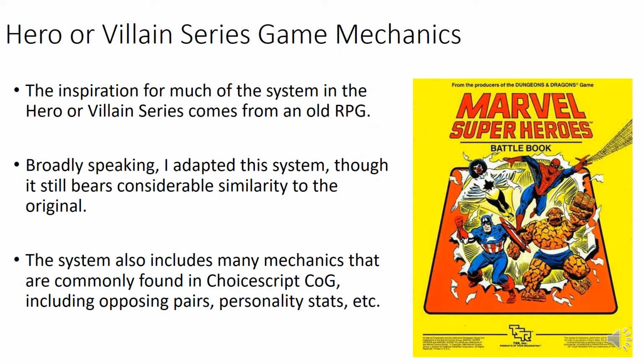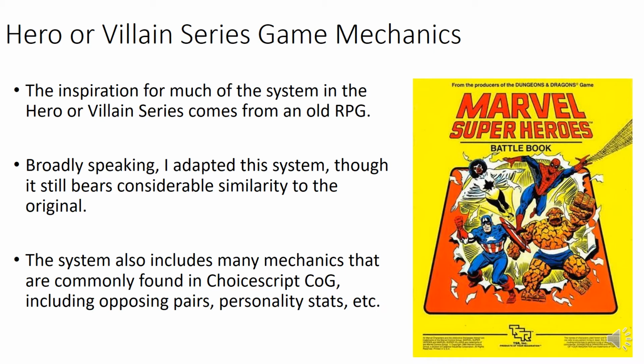Now, the game mechanics that I created for the hero villain series are actually inspired by an old role-playing game called Marvel Superheroes. So if any of you get hold of this, you will see that there's quite a bit of similarity between the mechanics that I use in my game and this. Of course, they're not the same. I've changed them a bit to suit my own needs, and I think I've improved them, or at least I've improved them to make them into a game book.